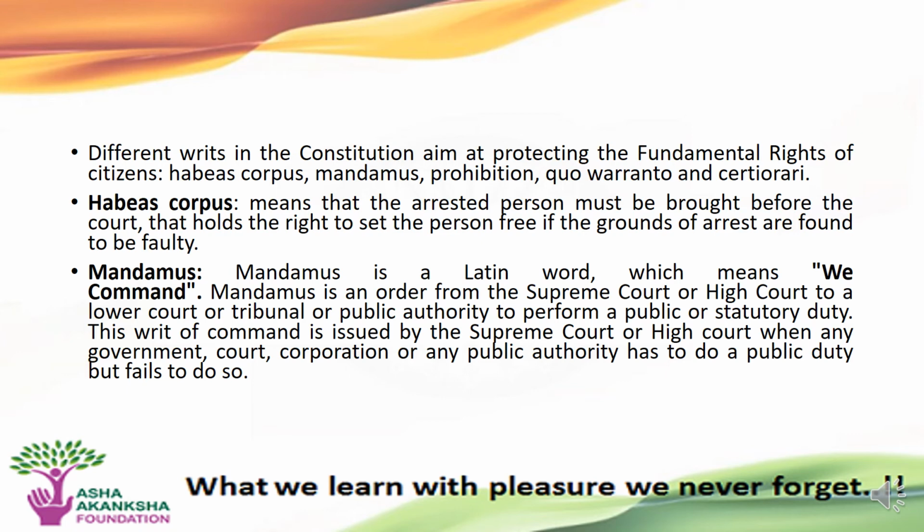It gives the power to the citizen to ask questions to any public authority and to get a fair remedy against any violation or exploitation of the citizen of the country. Basically, there are five types of writs that the Constitution offers to its citizens. These are habeas corpus, mandamus, prohibition, quo warranto, and certiorari.